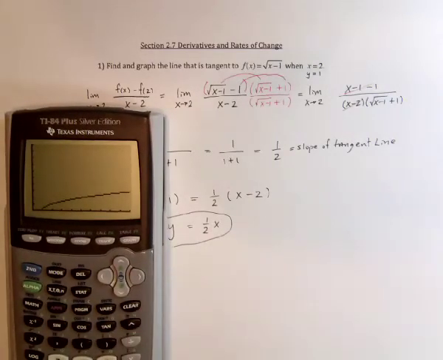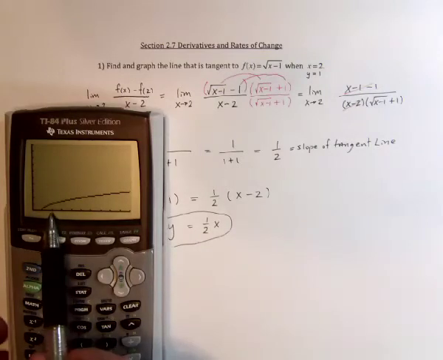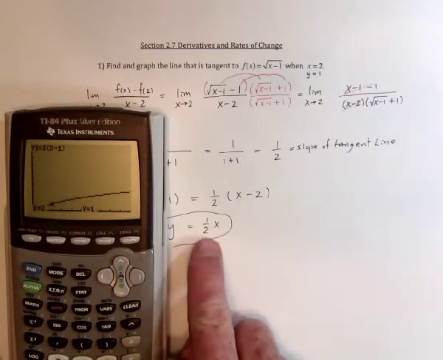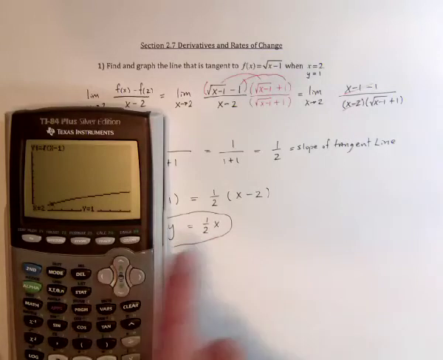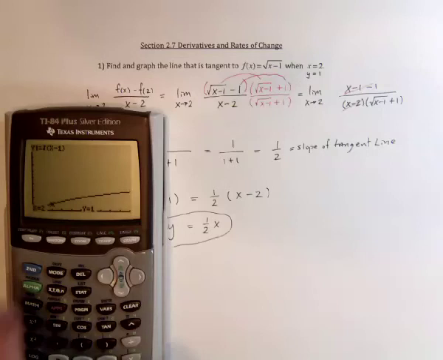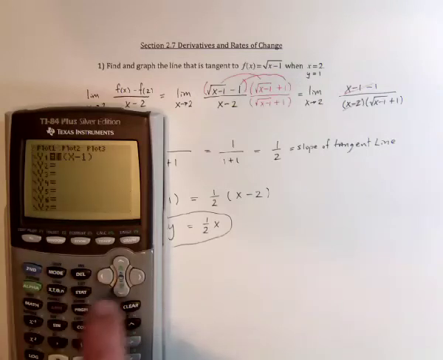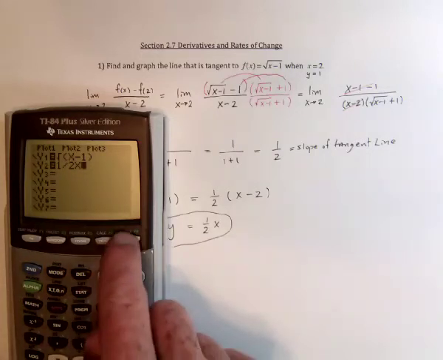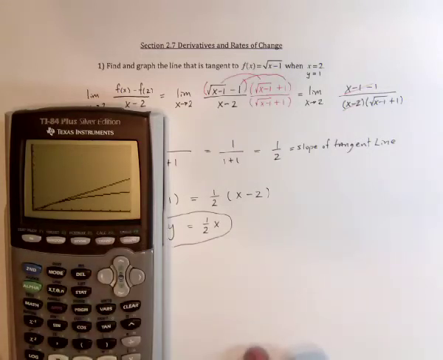So what's happening is at x equals 2 and y equals 1, this point right here, we should be able to graph the line y equals 1/2 x, and it will basically just graze the graph right at that point. So if we graph 1/2 x as well, and then take a look at the graph.